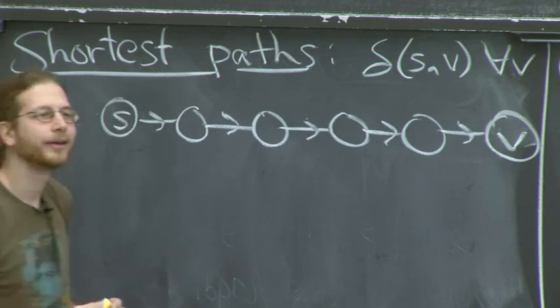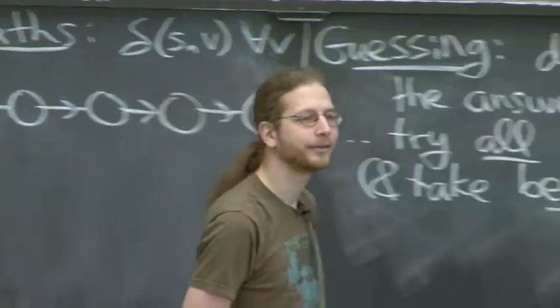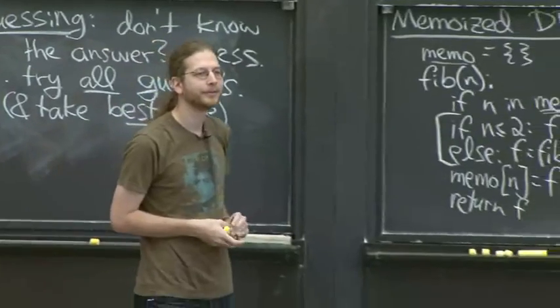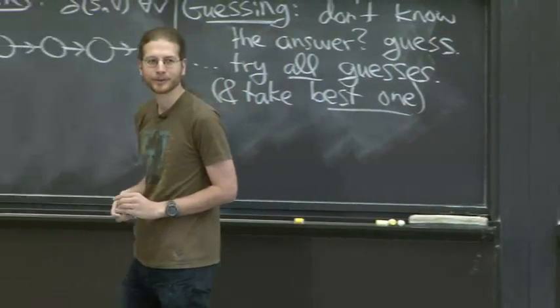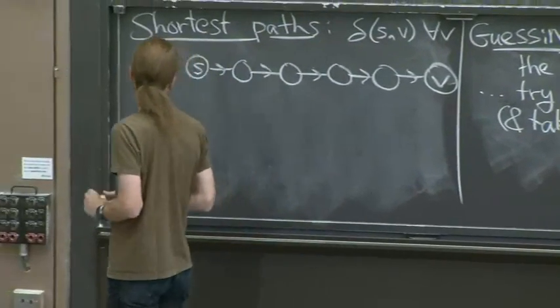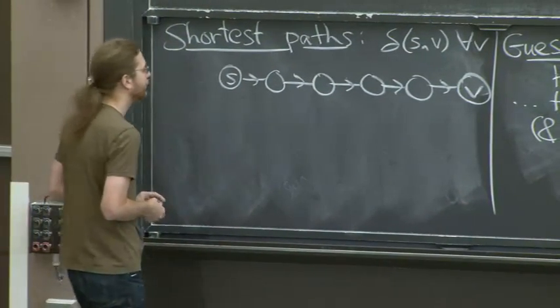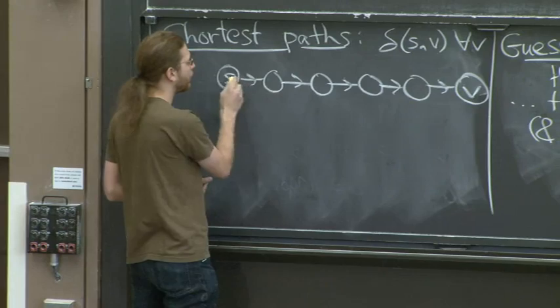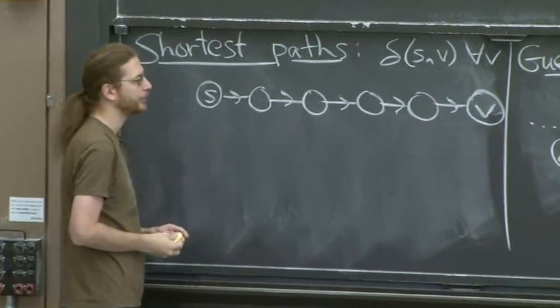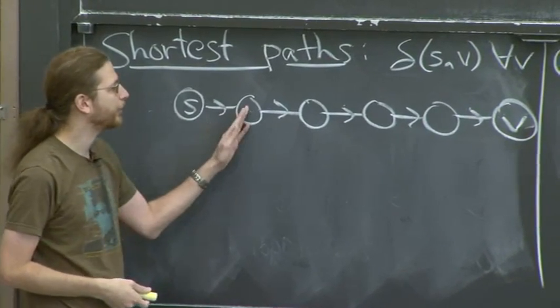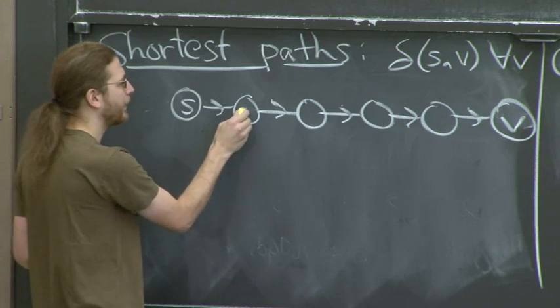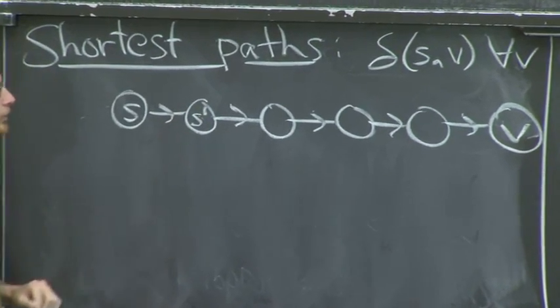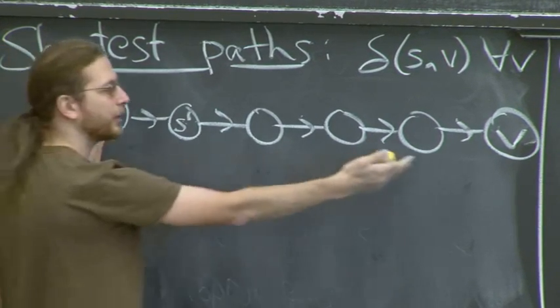One thing you could do is you could look at everywhere you can go from S and say, what's the shortest path of each of those nodes? Good. So I could look at all the places I could go from S, and then look at the shortest paths from there to V. So we could call this S prime. So here's the idea. There's some hypothetical shortest path.